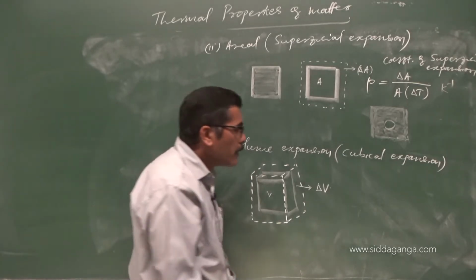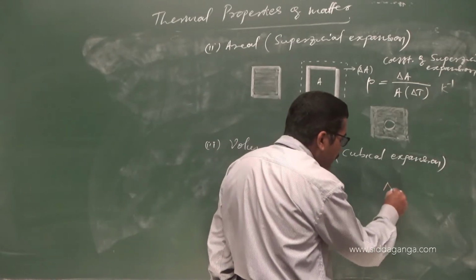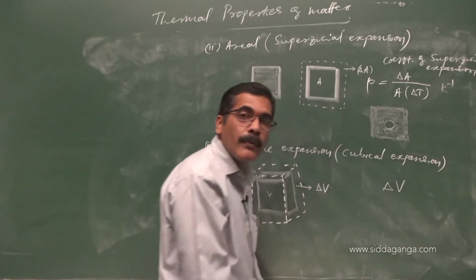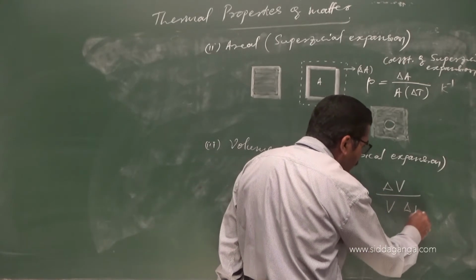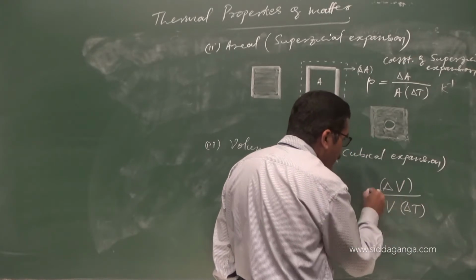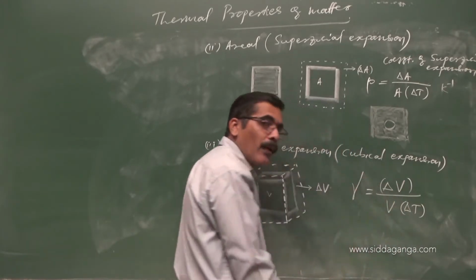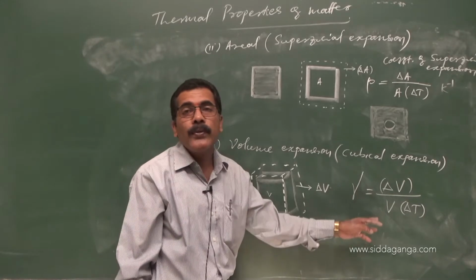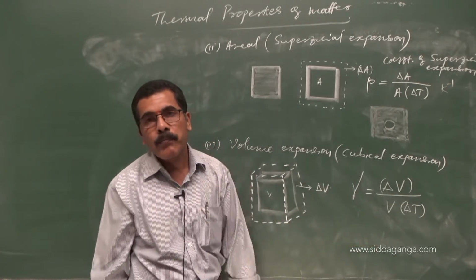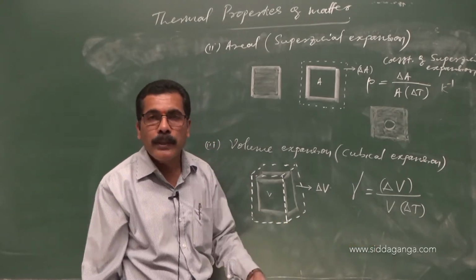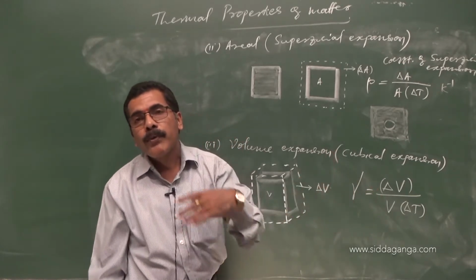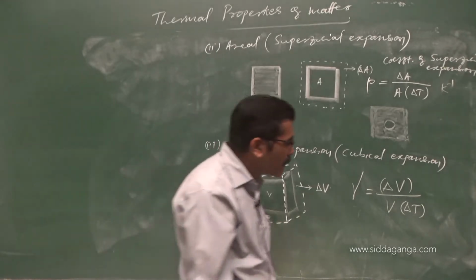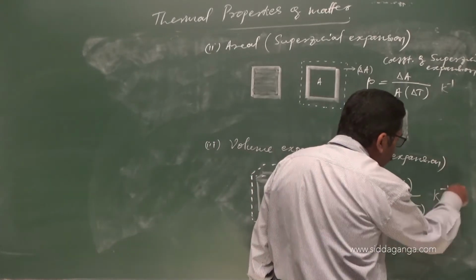Therefore, the ratio of increase in volume of the cube to its original volume per unit degree rise in temperature is always a constant, and this constant is called the coefficient of volume expansion. It is also called the coefficient of cubical expansion, and this is also expressed in terms of per Kelvin.